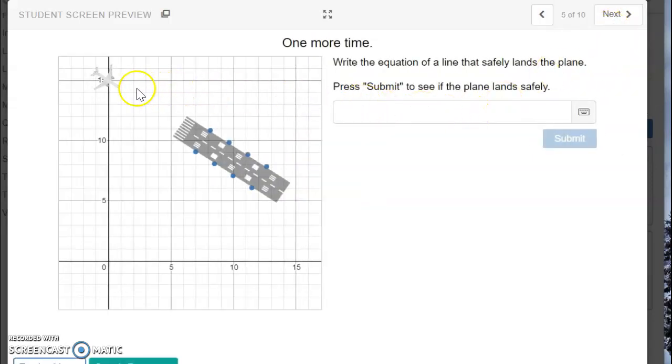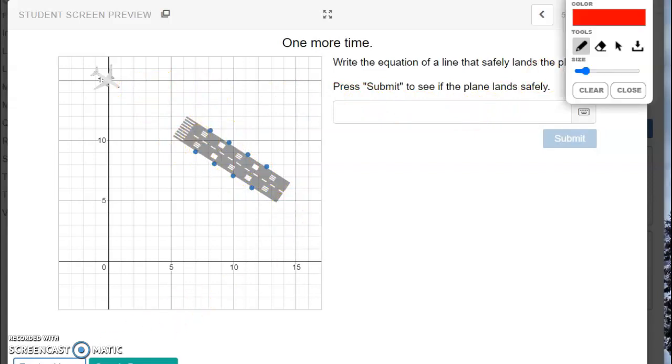Now you need to do likewise. Come up with the equation. Please pause the video and see if you can come up with the equation. It's easiest if I can figure out the slope. So what is the slope? To find the slope of this runway, I need to figure out 2 points and draw my slope triangle. It will be this one, and maybe this one.